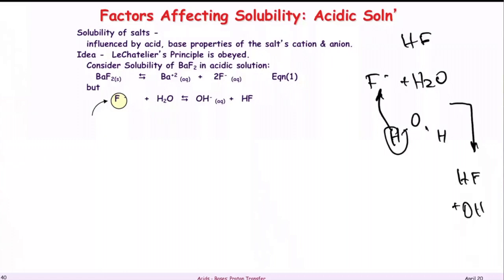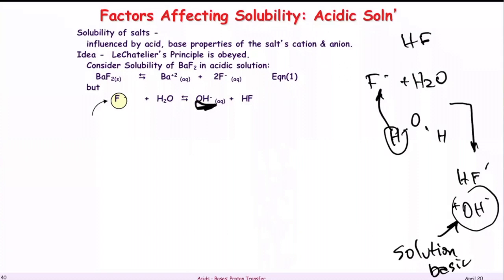Even though HF is an acid, OH minus makes the solution basic. So when you put barium fluoride in water, the solution has a higher pH than 7. The solution is basic because of this reaction right here.